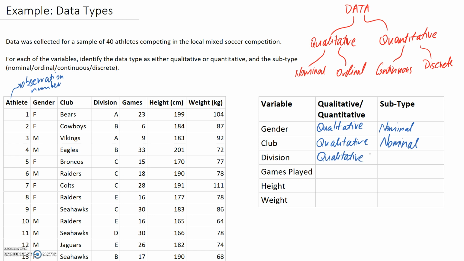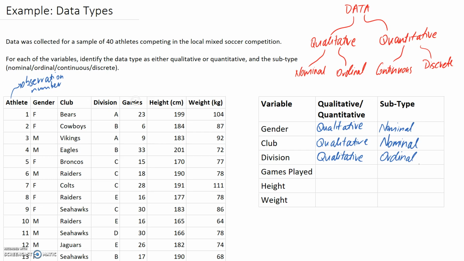And then the next decision we need to make is whether it's nominal or ordinal. Now this time I would suggest that there is a natural order among these categories. Presumably Division A is better than Division B and Division B is better than Division C. So there is a natural order amongst those, which would suggest that we have an ordinal type of data.